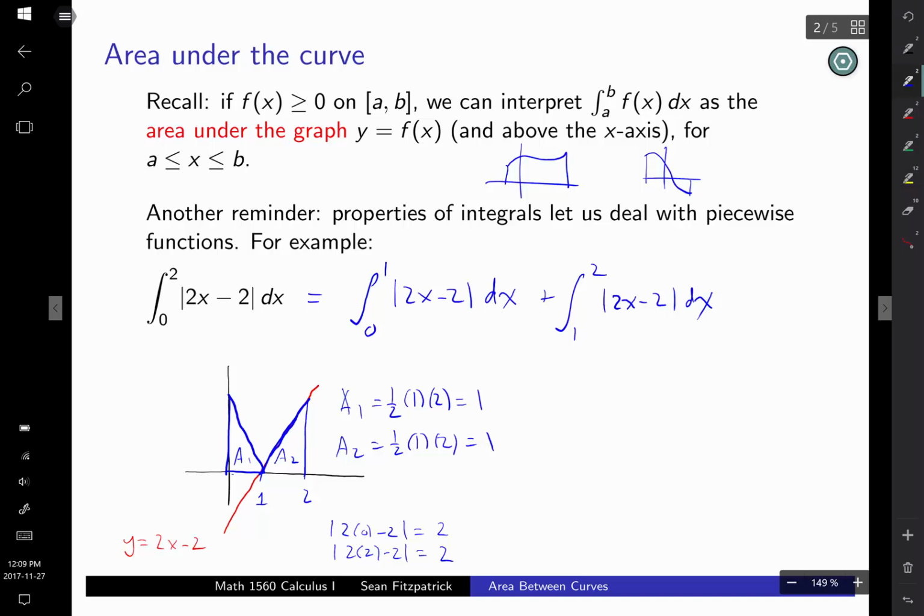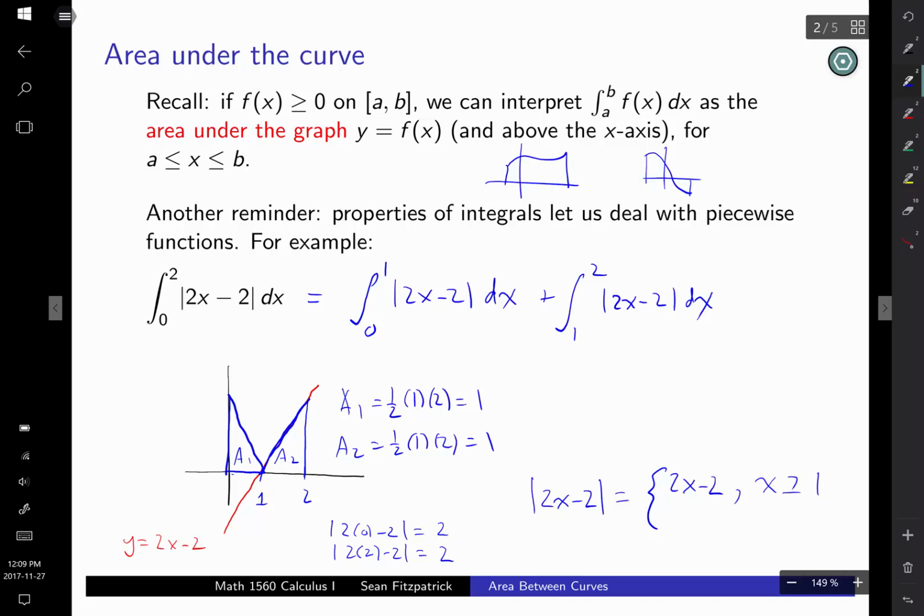Working with the absolute value function, the absolute value leaves 2x minus 2 alone as long as 2x minus 2 is bigger than 0.